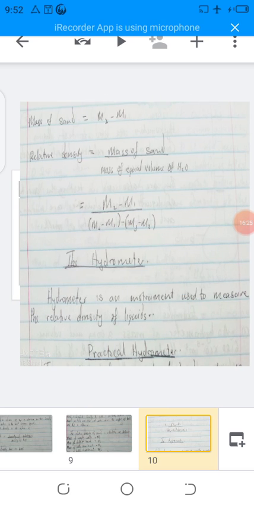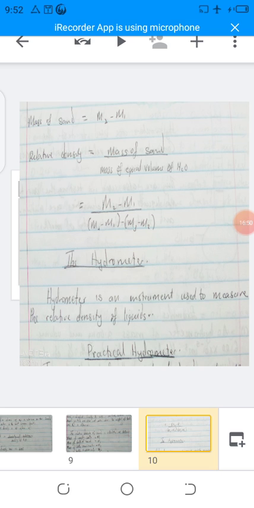So the mass of the sand is M2 minus M1. So relative density will be the mass of sand all over the mass of an equal volume of water. The mass of sand is M2 minus M1. Then the mass of equal volume of water is (M4 minus M1) minus (M3 minus M2). Then we'll go into practical hydrometer.